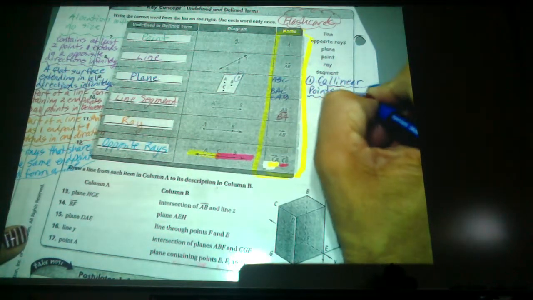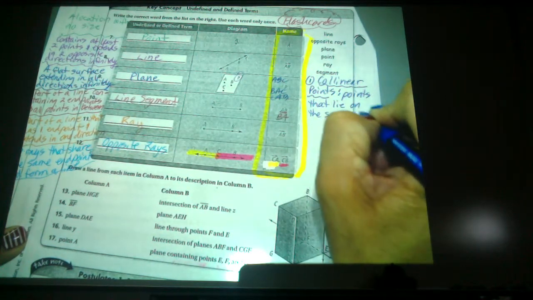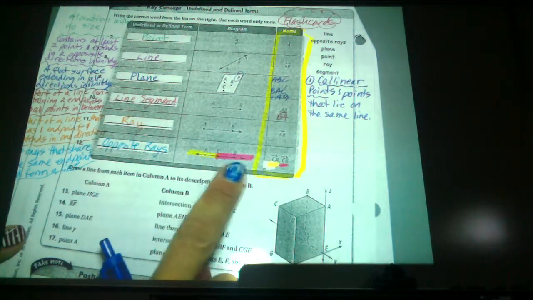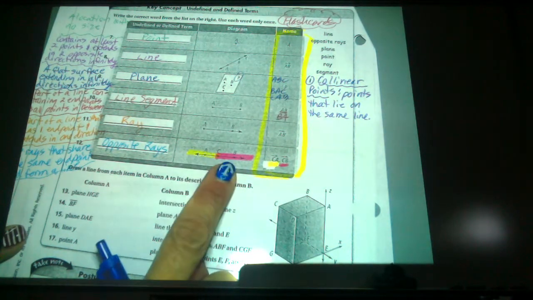So it implies by using your Latin that they are points on the same line, and that's exactly what collinear means. So points that lie on the same line. So in this last example, A, B, and C are collinear points.